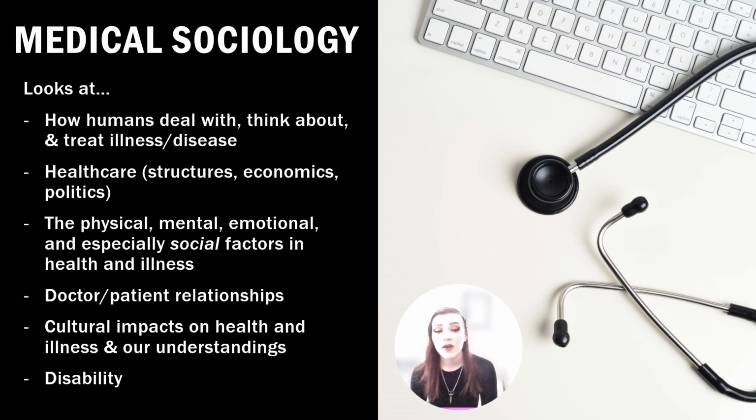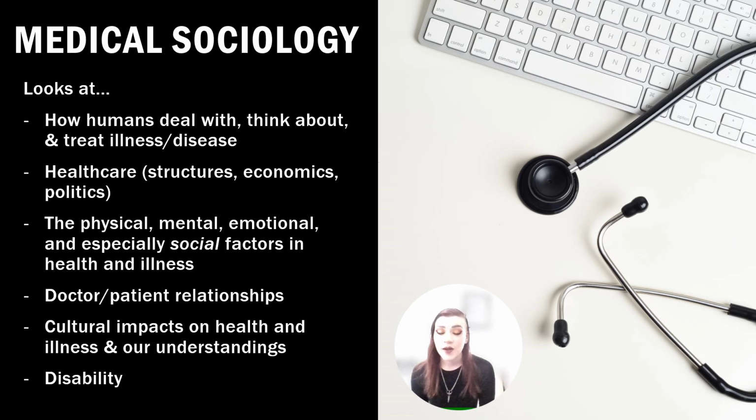We also can look at how health and illness are social, right? A lot of the time we think about health and illness, or more specifically illness, as being just about biology, right? We're just looking at bacteria or viruses, but there are a lot of layers to health and illness, right? There are physical, mental, emotional, social factors in how we deal with these things as people, as groups, as societies.